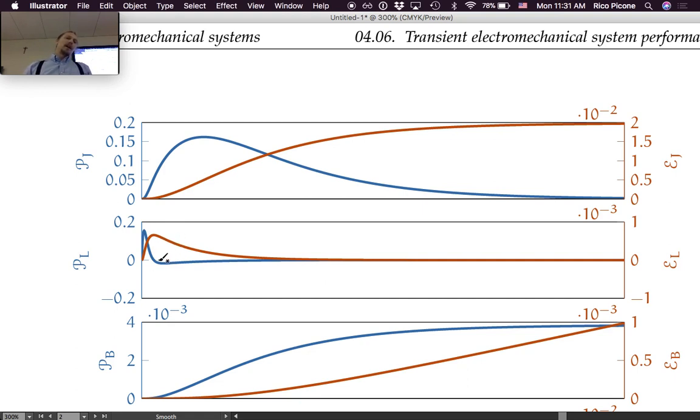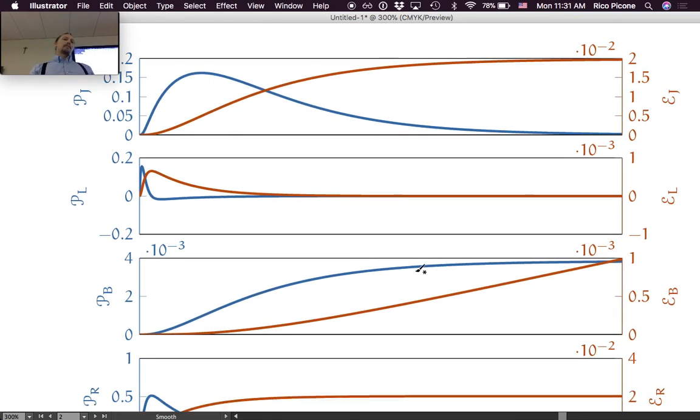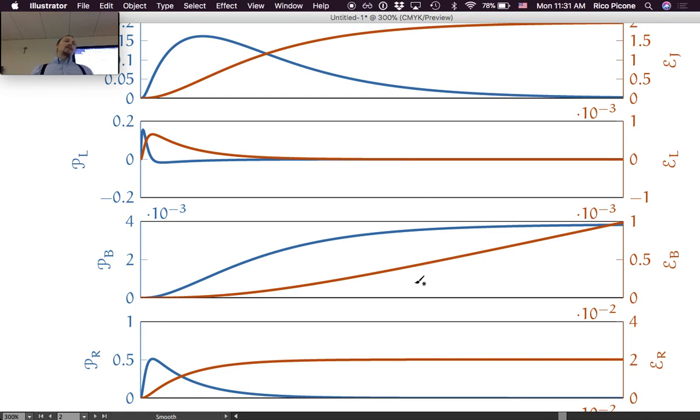So notice that the power flows in for a short period, and then it is very slightly negative for quite a while, so that energy is flowing back out into the circuit. So the inductor doesn't stay energized in steady state. And that's because in steady state, remember, the voltage across the inductor is 0. And the product of 0 and anything is 0, so the power's got to be 0.